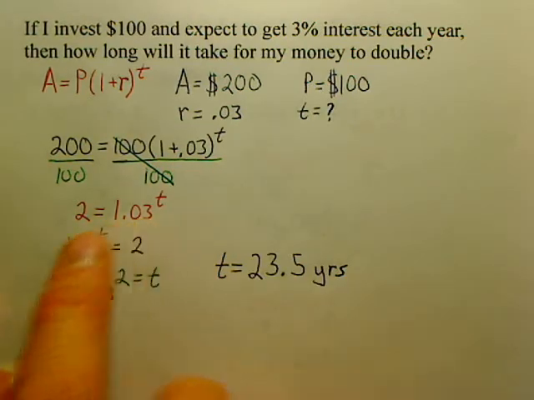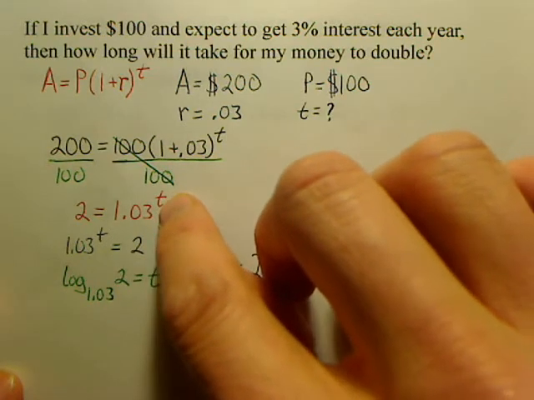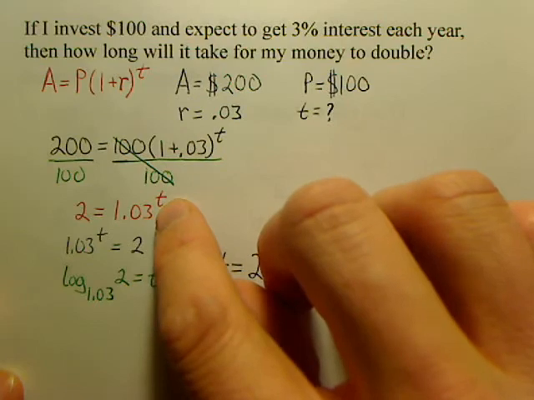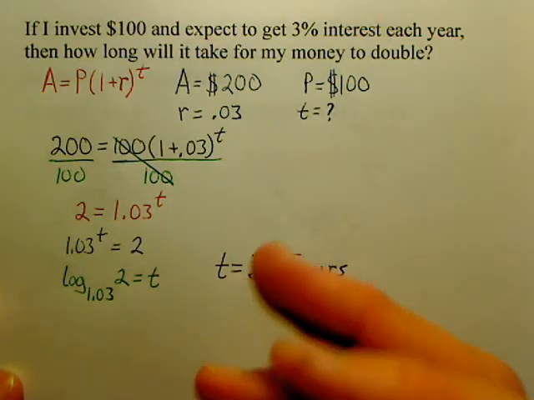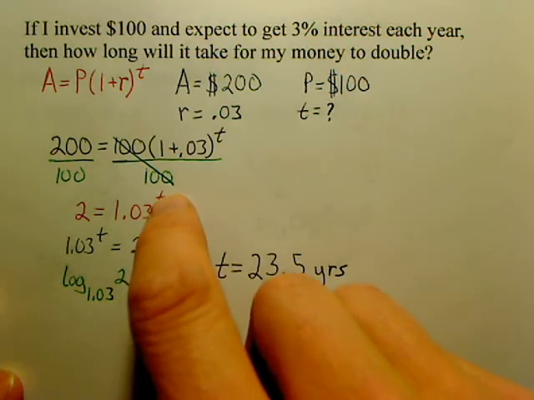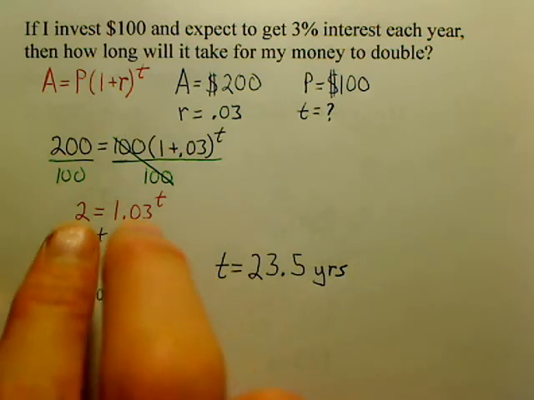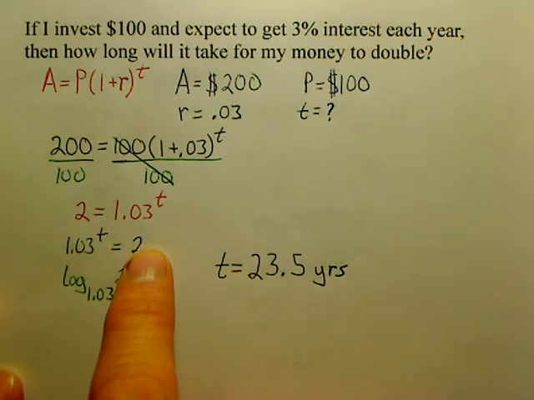Anywho, we're going to use logs to solve anything with a variable power. To get that variable out of the power, you're going to need logs. And what I like to do is flip it first. I flip these, and then I put the word log in front and switch the t and the 2.